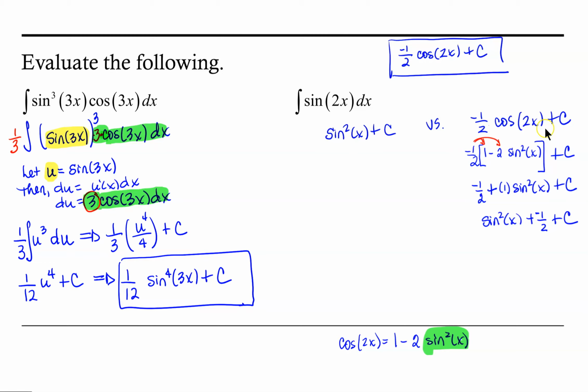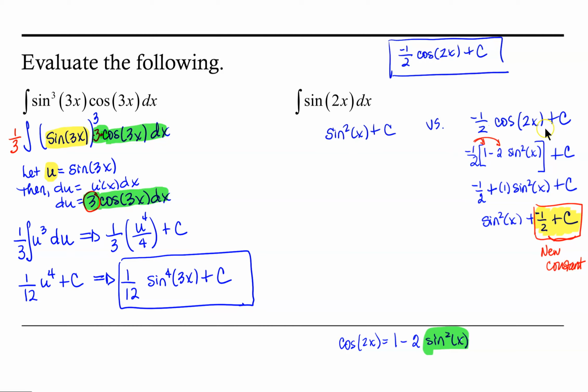Now remember, c is just an arbitrary constant. So what happens when I take any constant and add negative 1/2? If I take any constant and add negative 1/2, I just get a new constant. So regardless, this is simply another constant.